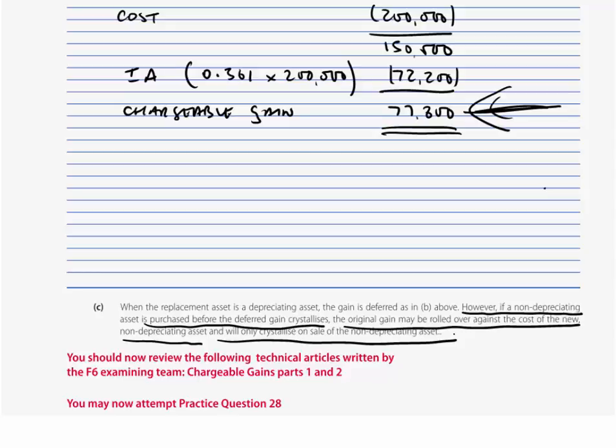But before that gain then crystallizes, we buy another freehold. So what it means is that what was only originally held over may now be rolled over. And on that second freehold property, the one to be acquired there, we reduce the base cost of that asset. What was held over can then be rolled over. So a bit more flexibility allowed to our taxpayers, be they personal or corporate.